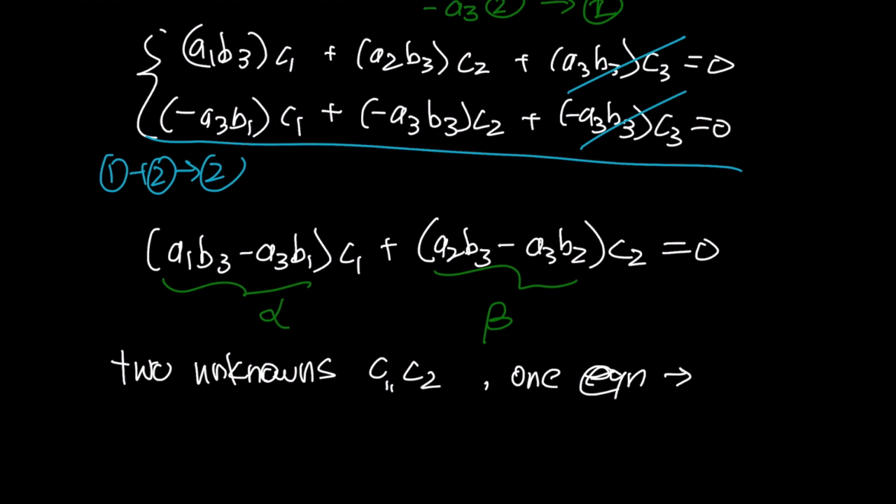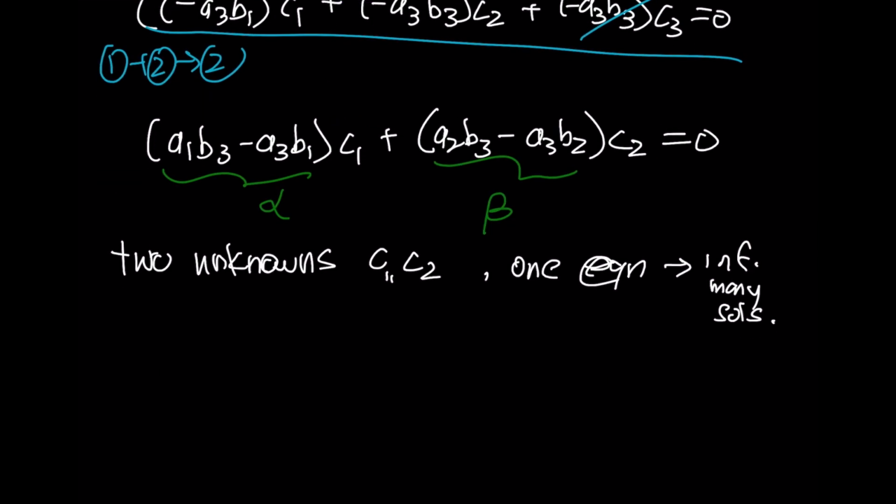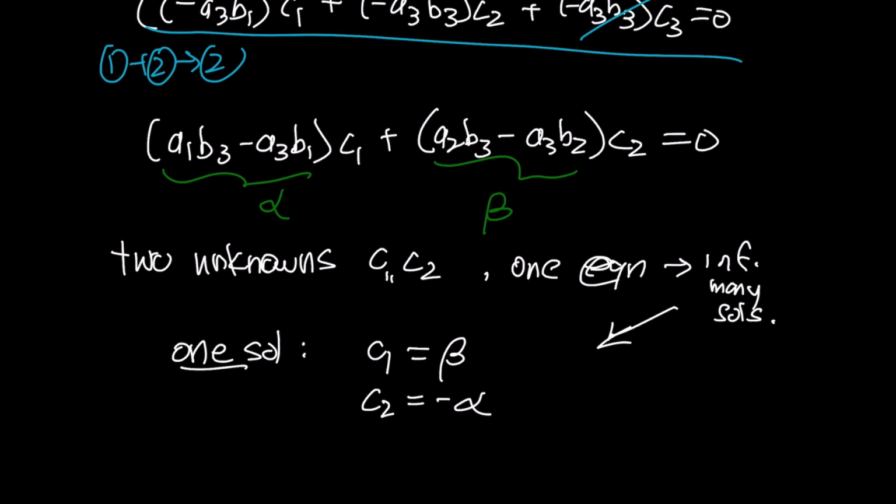When I have two variables in one equation, I have to have infinitely many solutions, just like I expect. So because there are infinitely many answers, I'm just going to choose one of them. If I choose C1 to be beta, and I choose C2 to be negative alpha, that means I'll get alpha times beta plus beta times negative alpha, which will give me a 0.